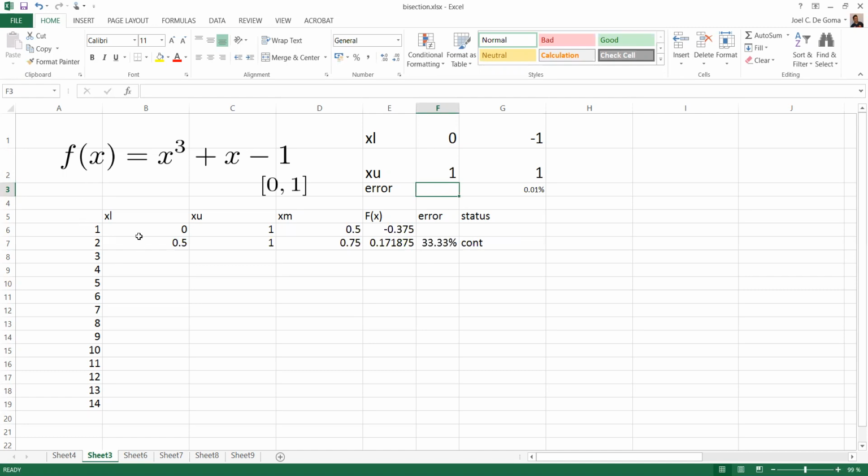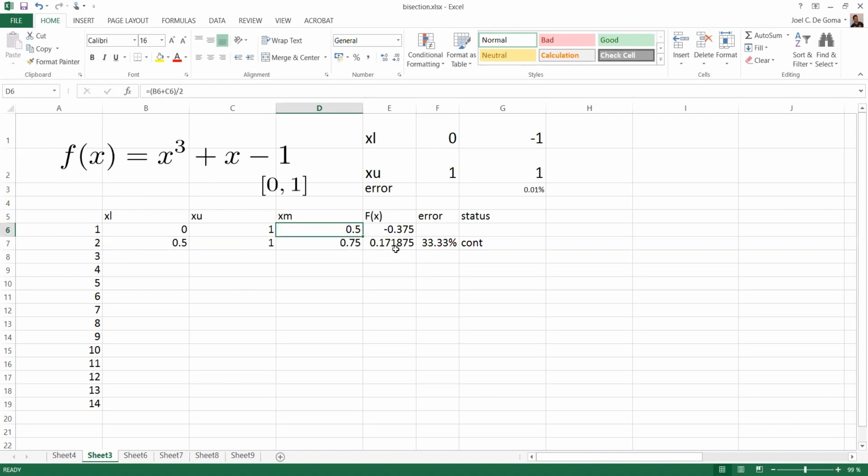After determining x sub l and x sub u, we determine the midpoint, which is 0.5, and then substitute it. We have a negative result. So on the next iteration, we're going to replace x sub l by x sub m, and retain x sub u.